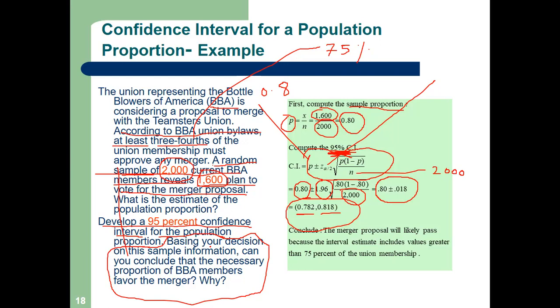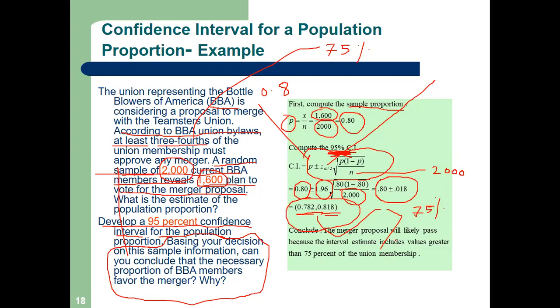Yes, we can conclude, because if you see the lower level and the upper level, both are greater than 75%. Isn't it so? Nimish, both are greater than 75%.